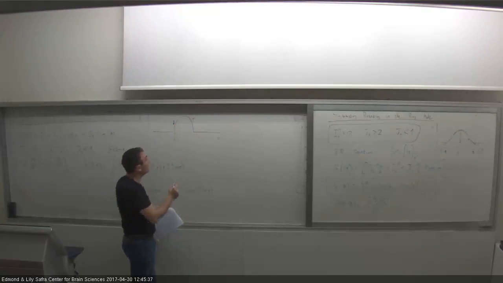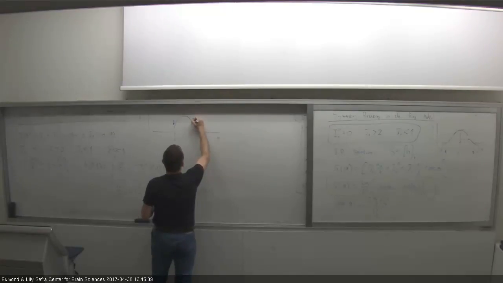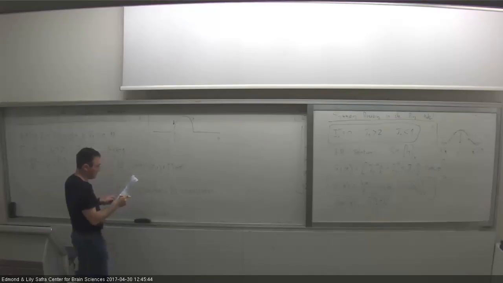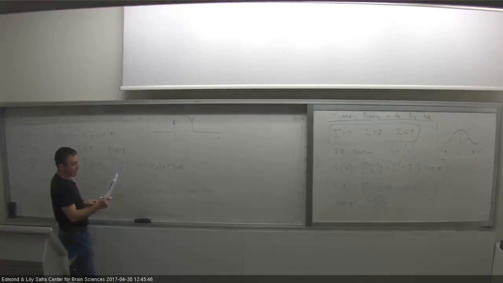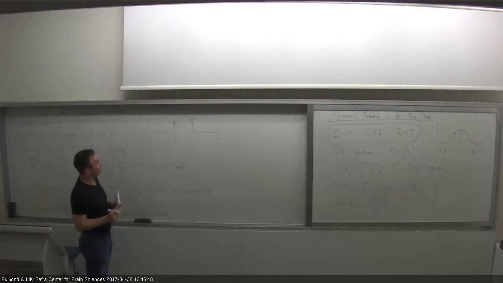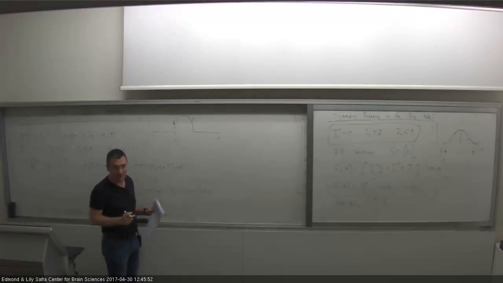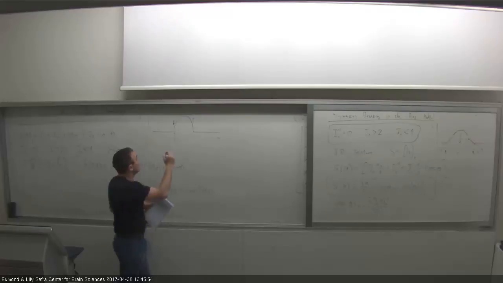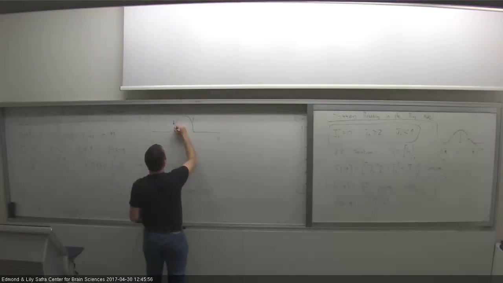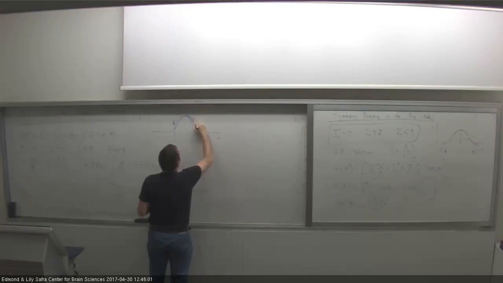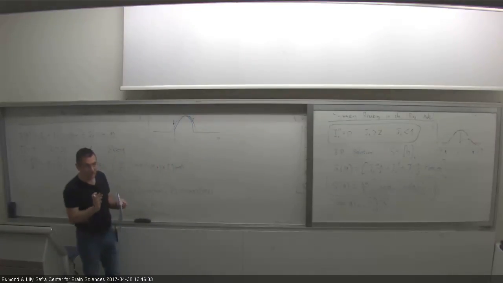All these will go down, and all these will go up. Okay, so if all these go down and all these go up, how will the bump look? Well, it will be shifted. Something like this, right?